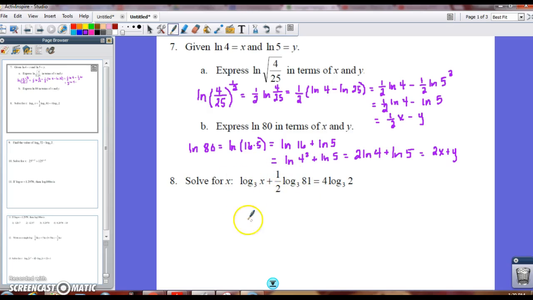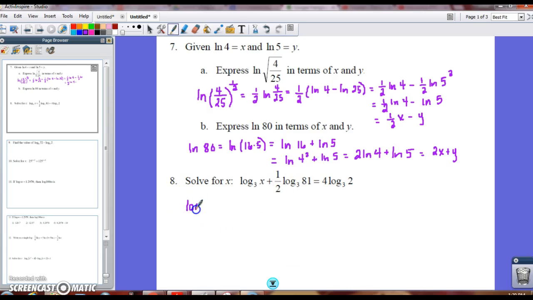Remember, we want to get this into terms of a single log. We want to condense it down to 1 log, and then we can go ahead and solve it. So I have a couple of things going on here. I have the product rule and the power rule. I'm going to undo that power rule first.